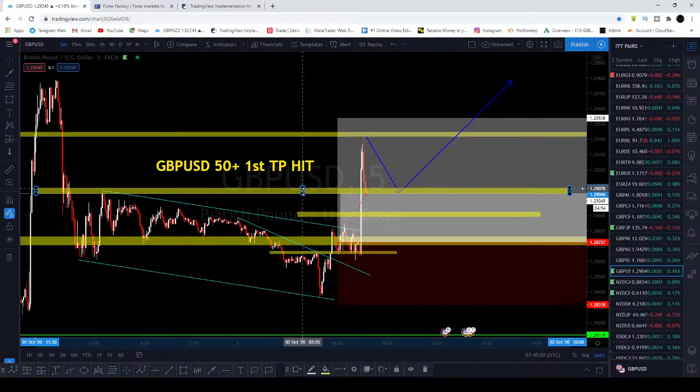So yeah, let me continue modifying my trade because 1.29583. Come on, GU is just trying to play with us.